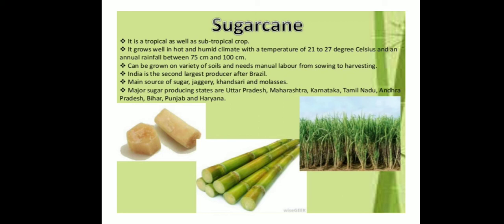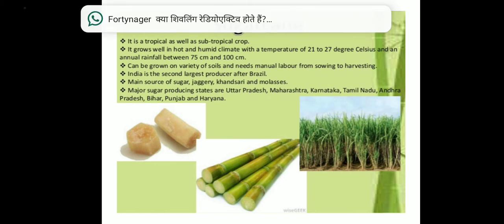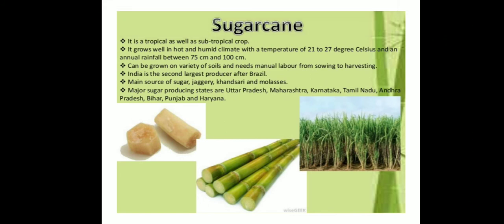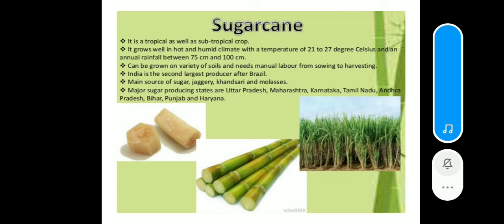It is the main source of sugar, jaggery, khandsari, and molasses. Major sugar producing states are Uttar Pradesh, Maharashtra, Karnataka, Tamil Nadu, Andhra Pradesh, Bihar, Punjab, and Haryana.